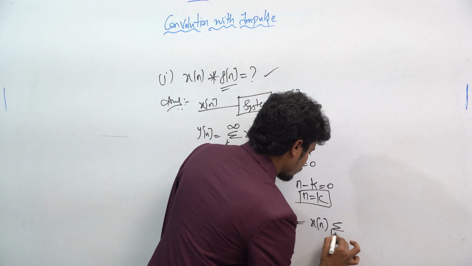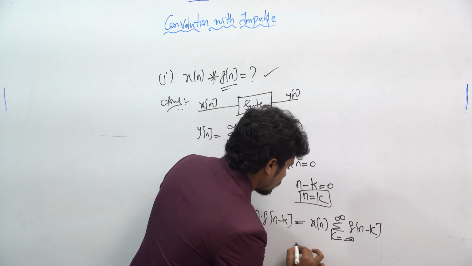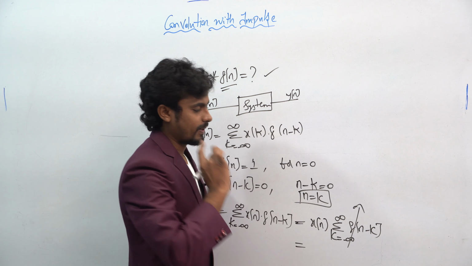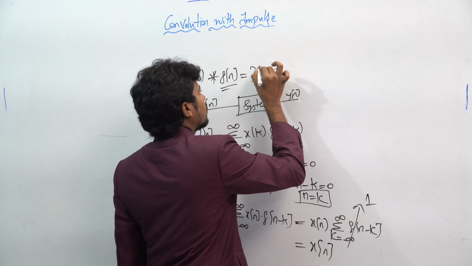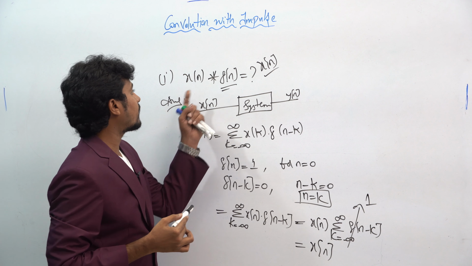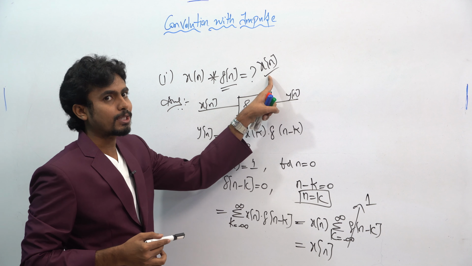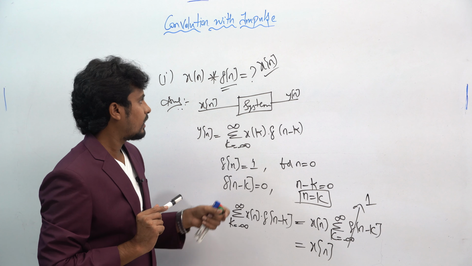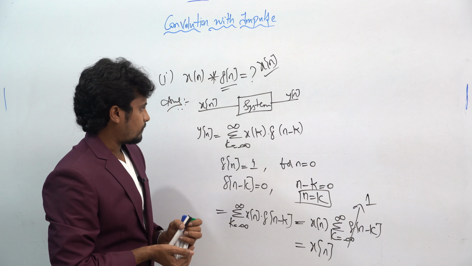This will be the summation of k equal to minus infinity to infinity of del of n minus k. You already know the area covered by the impulse is equal to 1. So the answer is x of n. Whenever you multiply the x of n signal with the impulse signal, you get the required signal x of n. This output is very important from the point of view of your GATE examination.